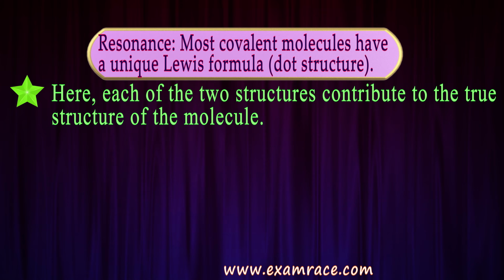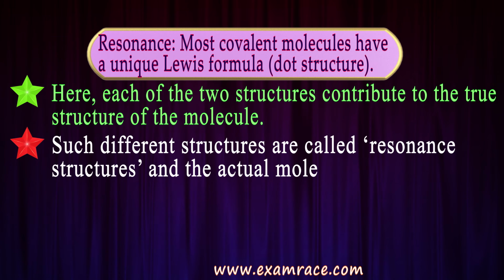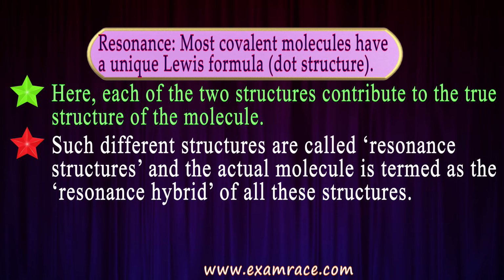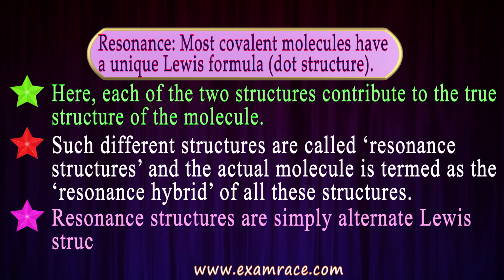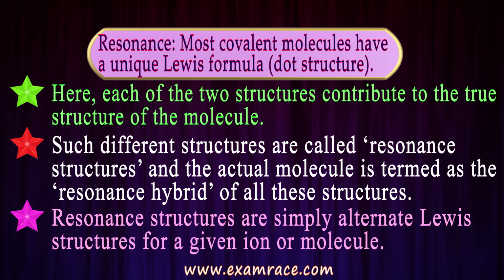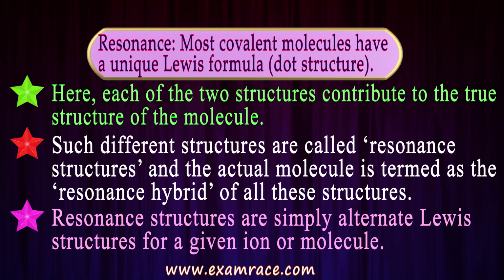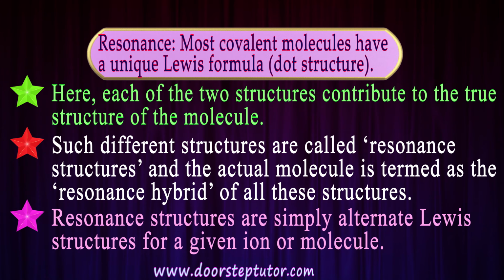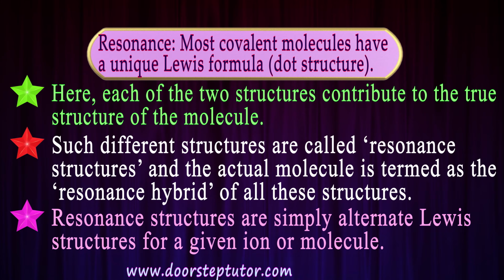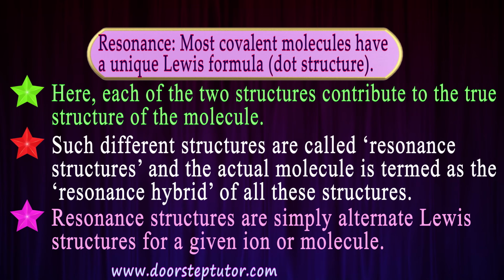We also call it the resonance hybrid. Resonating structures are simply an alternate way of showing a molecule other than the Lewis structure. Please keep in mind that the resonating structure does not exactly describe all the properties of the molecule.